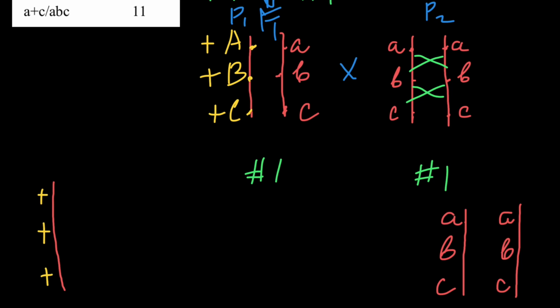Now let's imagine that crossing over happened here between gene A and B. Then we are going to have two new recombinant variants. One would be, take a look, capital A, small b, small c, or we also can say plus, small b, small c.